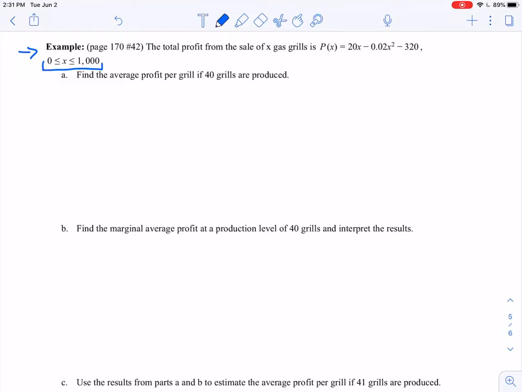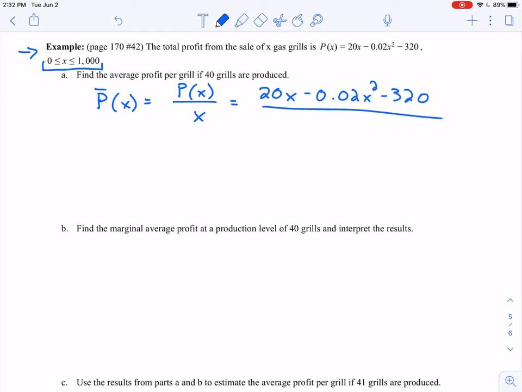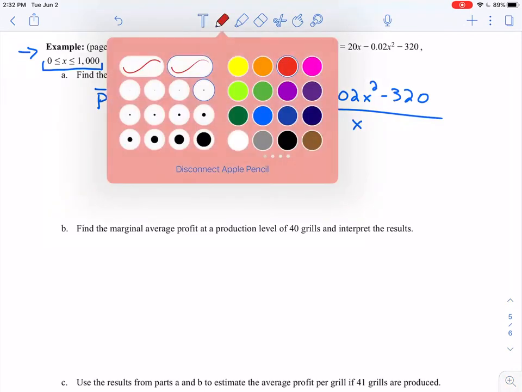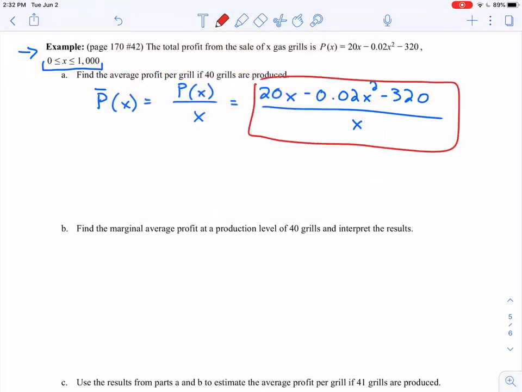If I'm looking for the average profit per grill, I'm looking for P bar of x. I know that P bar of x is P of x divided by x. So I'm going to take my profit function, which is 20x minus 0.02x squared minus 320, and divide it by x. So I have my average profit function, and I could simplify this if I wanted to, or you could just leave it for now.